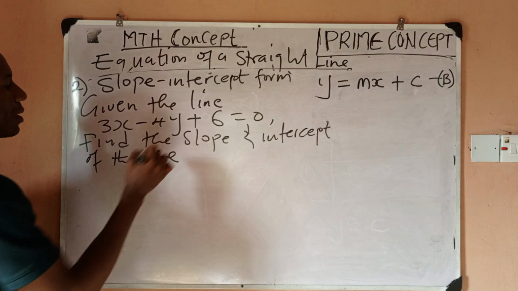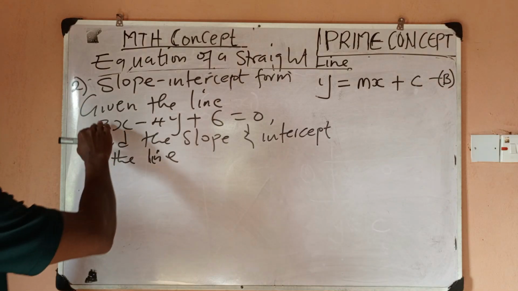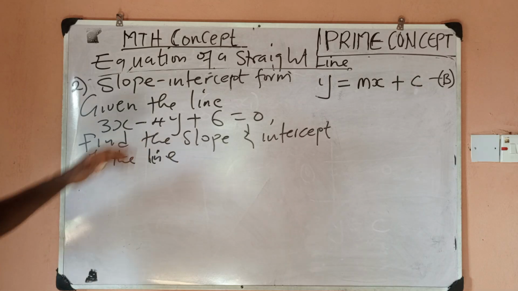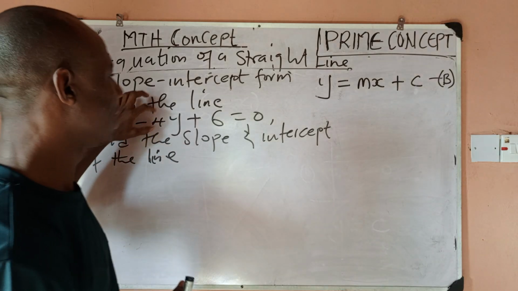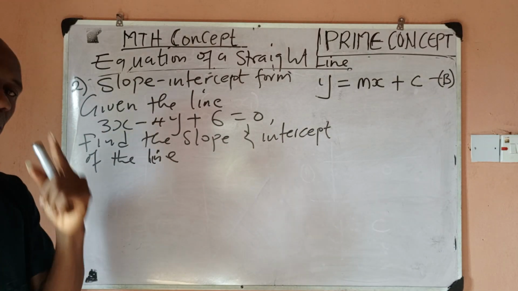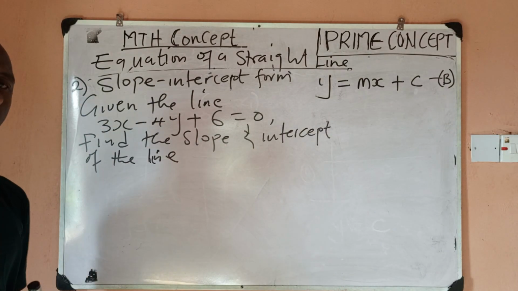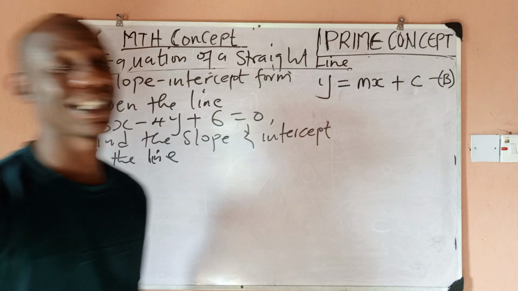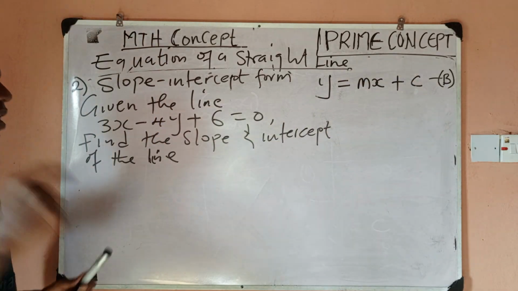This is a straight line. So they gave us the equation of a straight line as this. Now they want us to find the slope and the intercept of this straight line. So very simple. We're going to relate this to this. Now I mentioned to you that whenever they give you an equation, what you need to do is to make y the subject. When you make y the subject, you compare it to this standard form, then you find your slope and find your intercept.